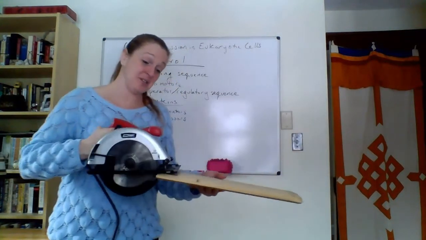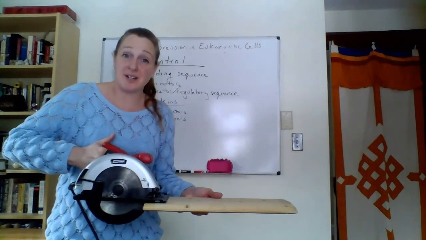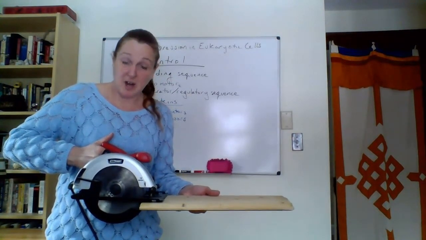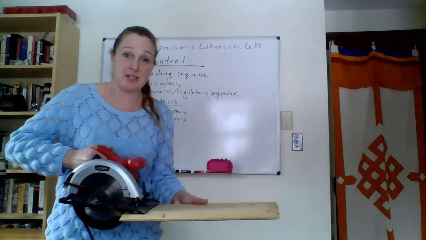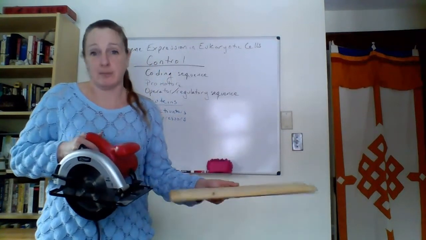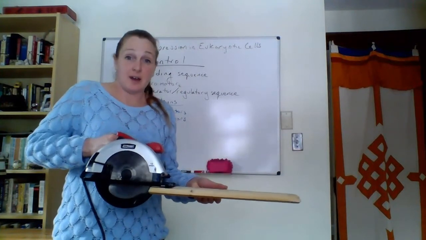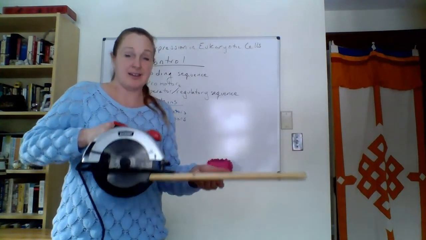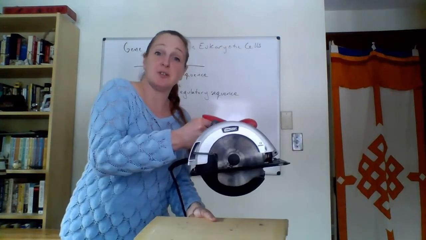So not only do I have to have it plugged into the electricity, but I also have to press on the safety button. I've got to release that, get it out of the way. Once all that happens, I can read my coding sequence. I can cut my board. So, if I have activators present, and I get rid of my repressor, my gene can be transcribed.